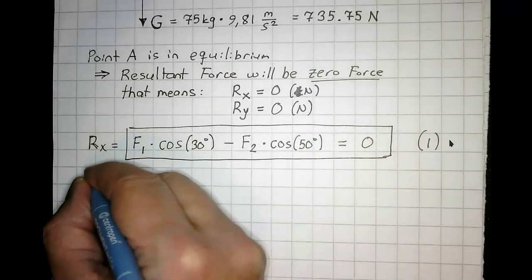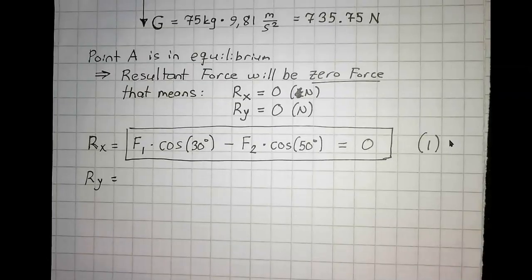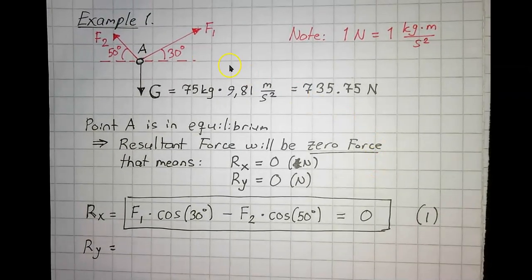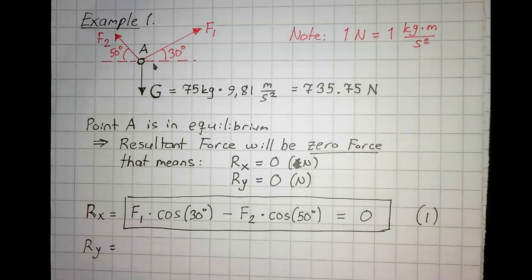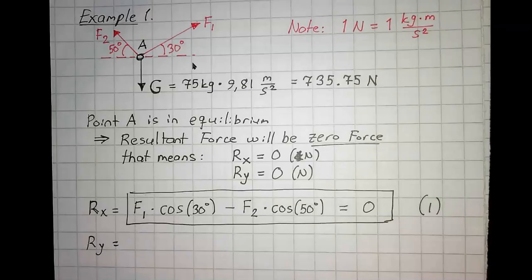And the same with Ry. Now we have these F1 and F2, they both are oriented upwards from the horizontal plane, so that means they both get positive sign, and the components of those forces in the y direction we get by using sine 30 and sine 50.